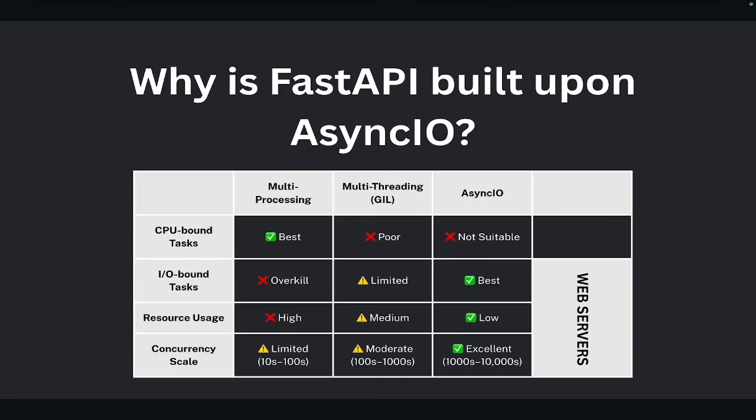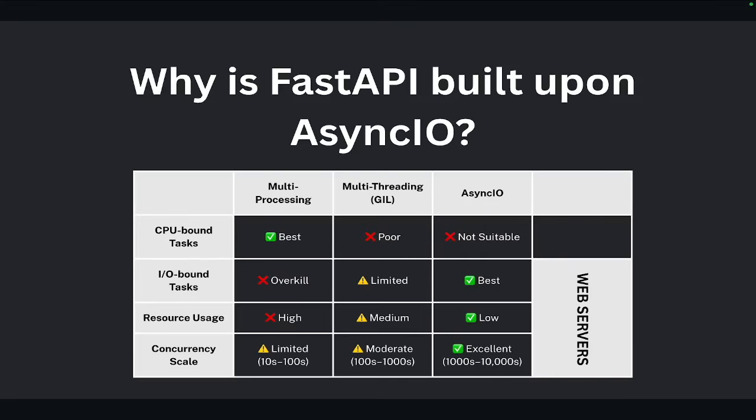Multiprocessing is suitable for CPU-bound tasks. It is a resource-heavy approach, so it can be ruled out for the lightweight I/O-bound tasks, being an overkill of resources. On the other hand, multithreading with the GIL had been considered an option for I/O-bound tasks before AsyncIO was introduced in Python.